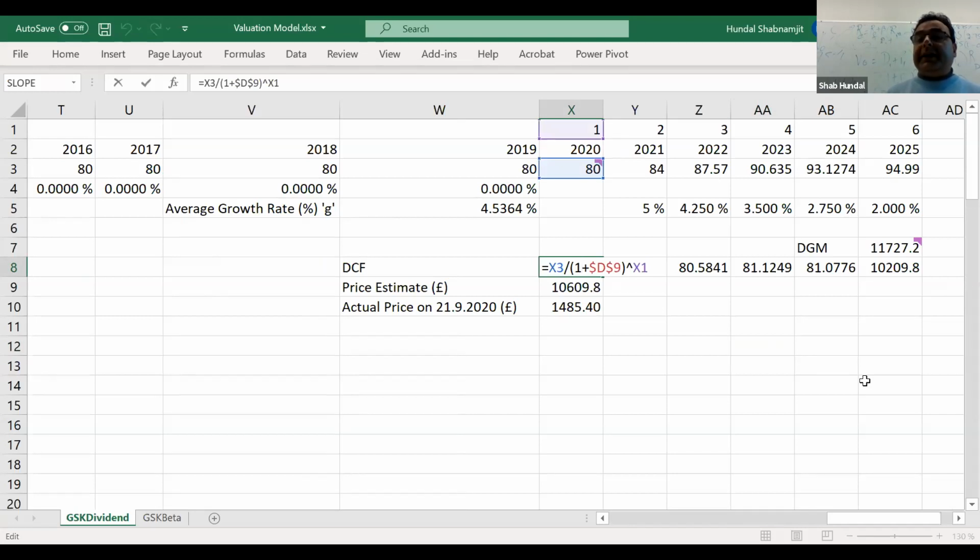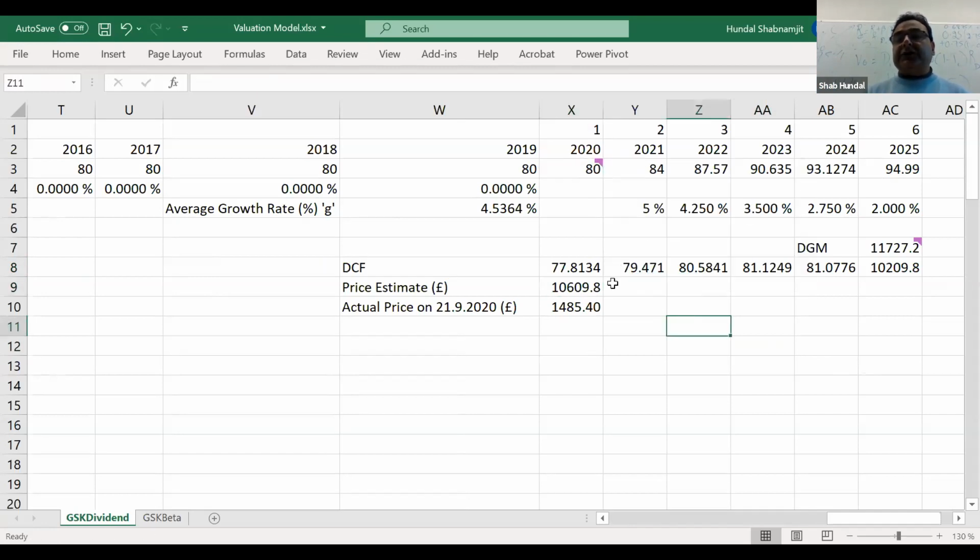So the 80 pounds which you get. I have a base year for this calculation, 2019, because that's a complete year. So my estimate is that the 80 pounds which you get in 2020 are worth 77 something in 2019.